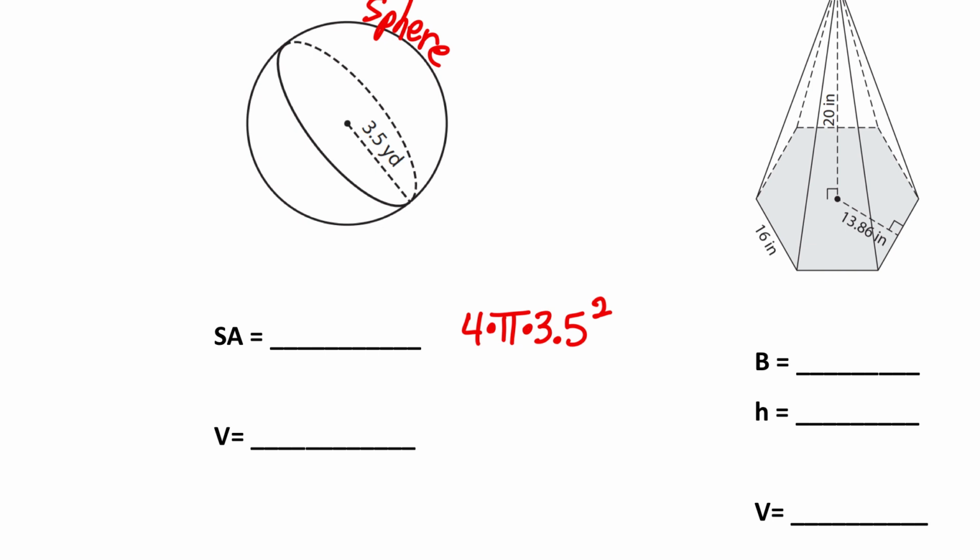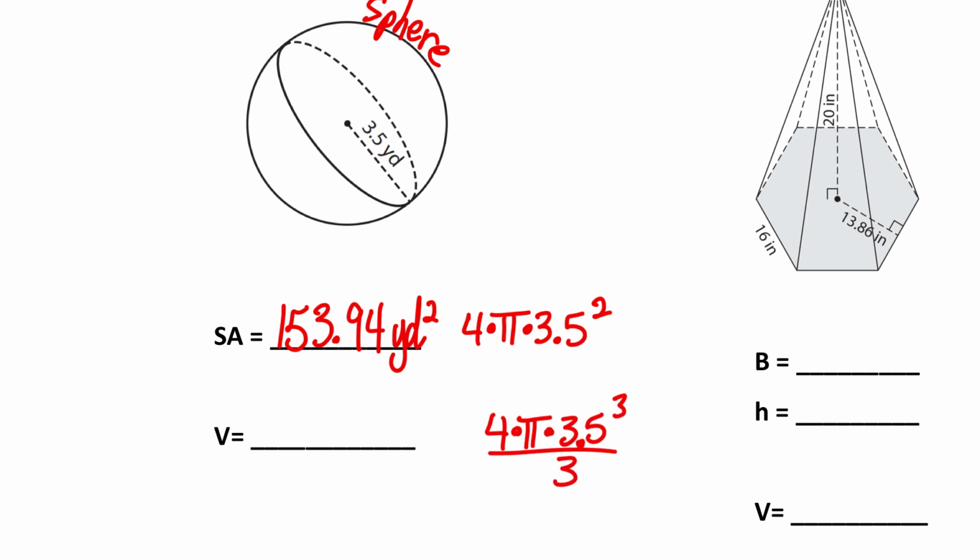Which is what? Okay. And then for the volume, it's 4 pi r cubed divided by 3. Make sure you get that as a cube.